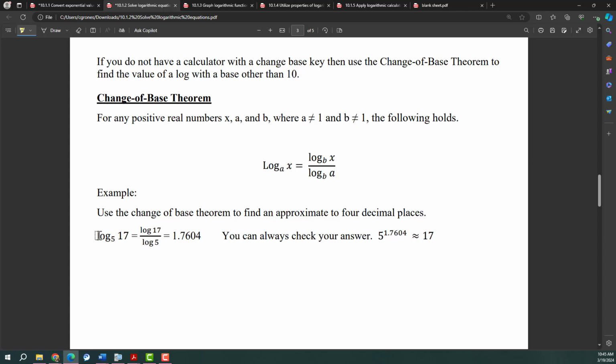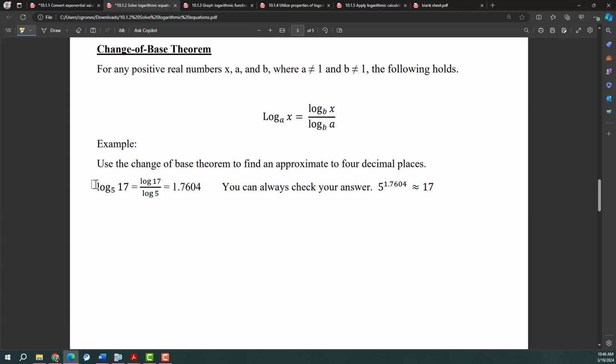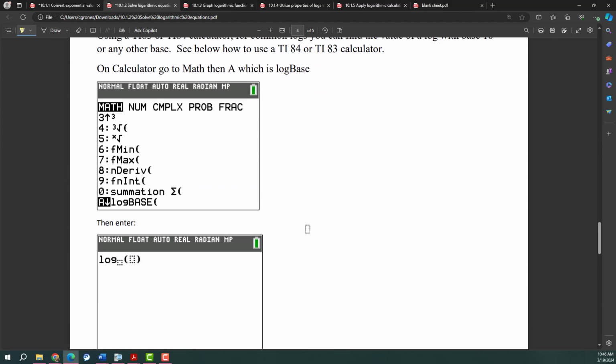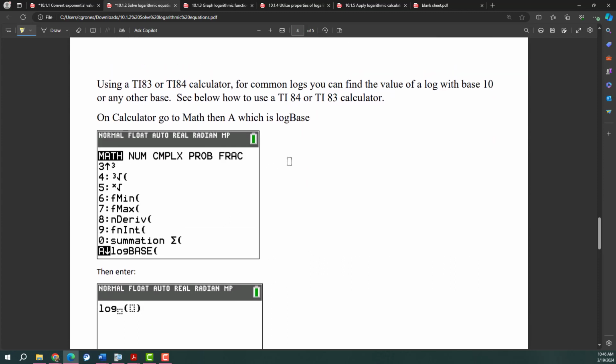Let's see what they're talking about. In this example, we have log base 5 of 17. We would take the log of 17 divided by the log of 5, which equals 1.7604. And then it'll show you how to do this in your calculator.